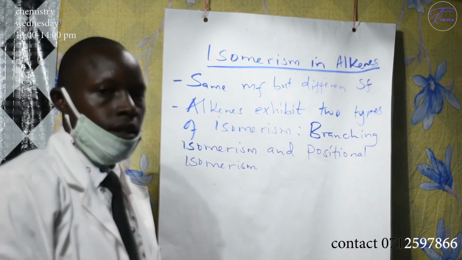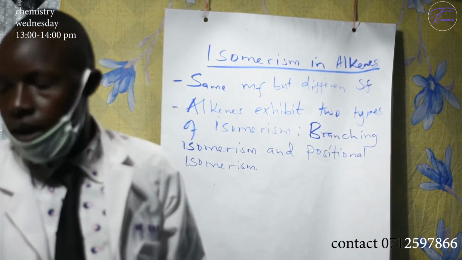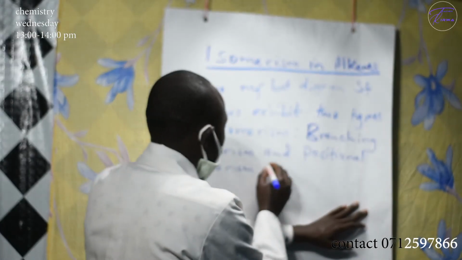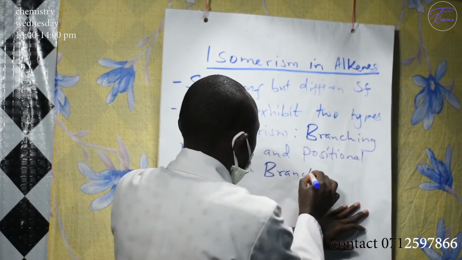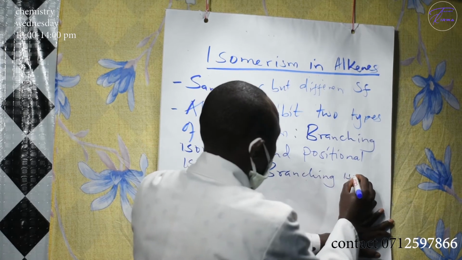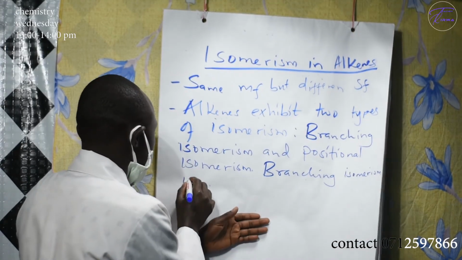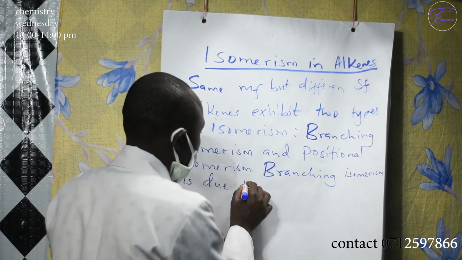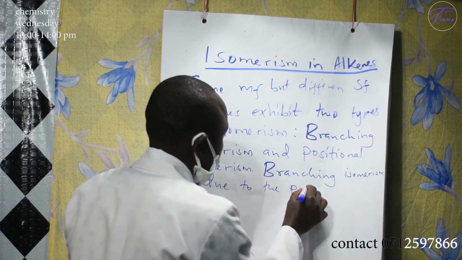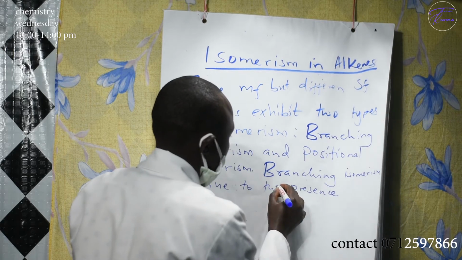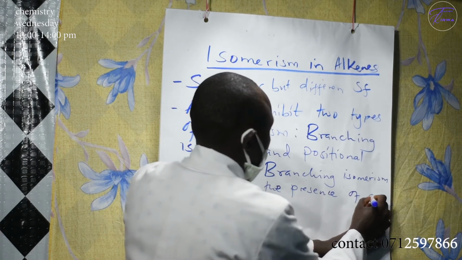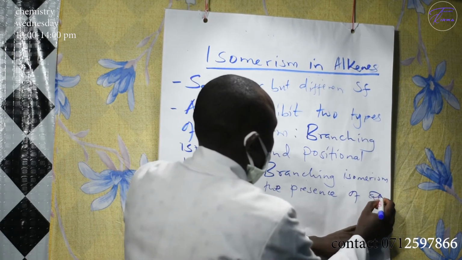Okay, branching isomerism and positional isomerism. Branching isomerism is due to the presence of a branch.